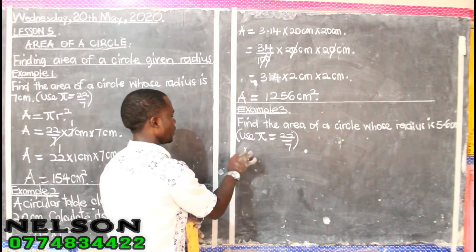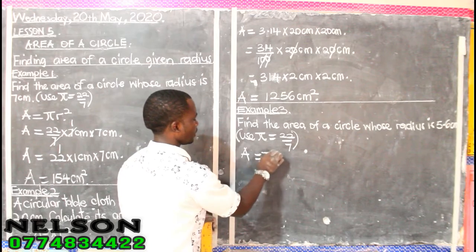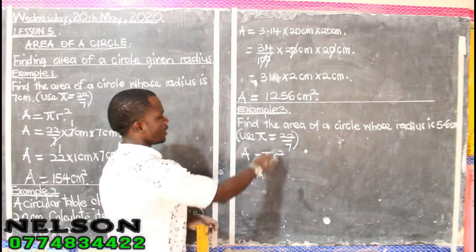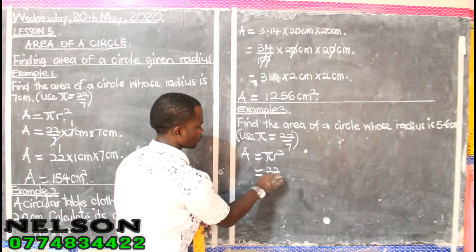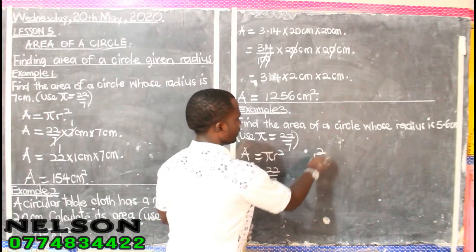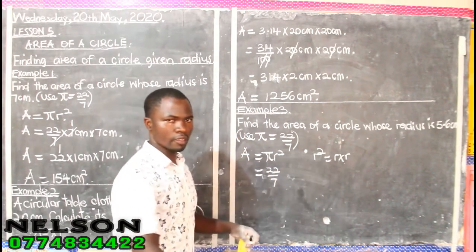Quickly we shall say area of this circle equals pi r squared. The pi given is 22 out of 7. We say that when there is r squared, they mean r times r. Okay?